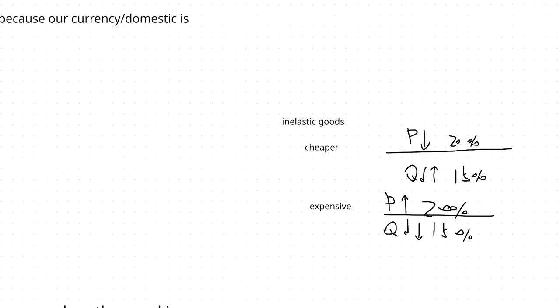Inelastic goods are like raw materials and electricity and fuel, oil, right? Think about it. When we experience more expensive electricity, we still need it, right? Regardless, we still need electricity because it's essential. We need it regardless of the price. So when there's an increase in price for electricity by 20%, we're still going to consume a lot of electricity at a higher price.